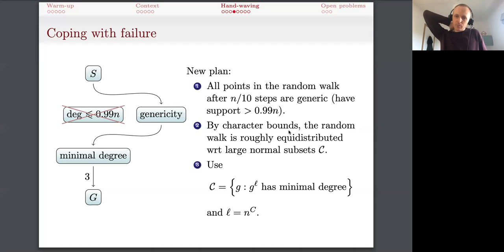And then there are quite strong character bounds available, which say that if you take an irreducible character and you evaluate it at an element which has nearly maximal support, then those character values are very, very small, which means that the random walk is something like equidistributed. Okay, and this is only with respect to normal subsets. So a normal subset is a subset which is invariant under conjugation, so like a union of conjugacy classes.